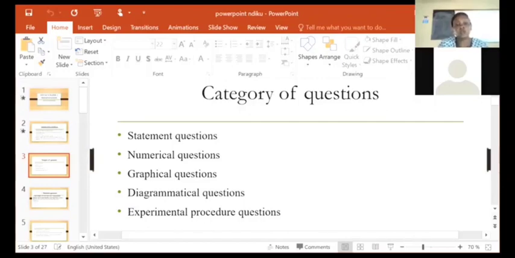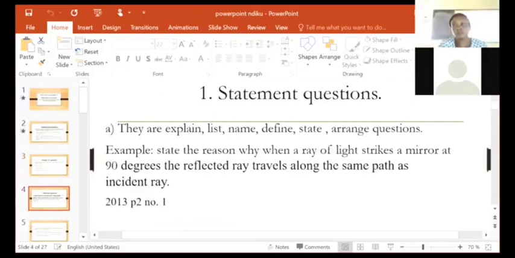We are going through each one of them, seeing what is required for each type of question. Remember, these questions can be in section A or also in section B. So we start with statement questions.